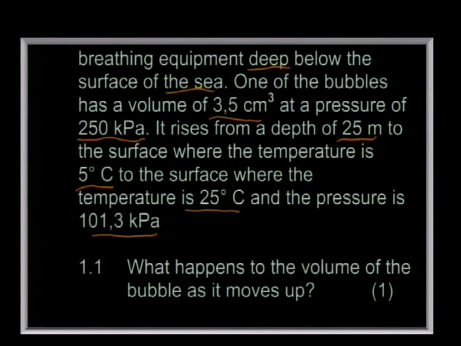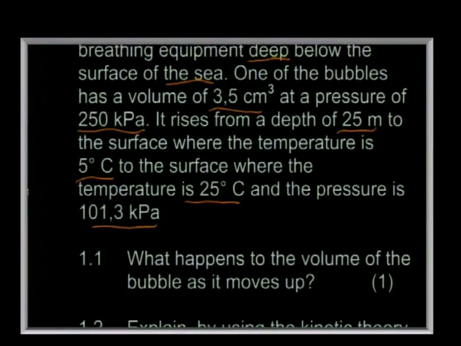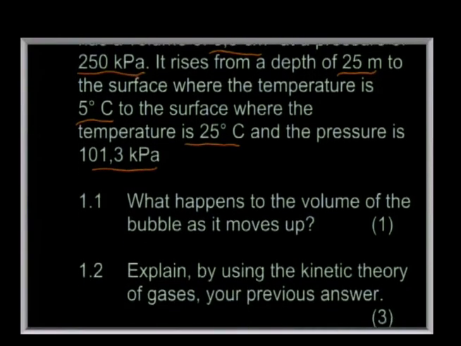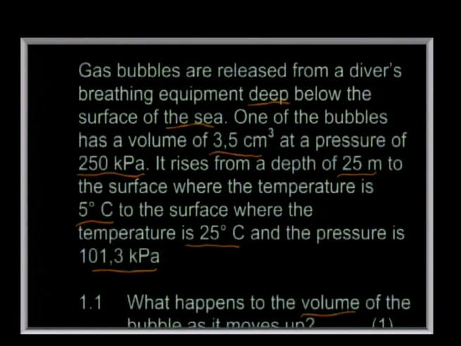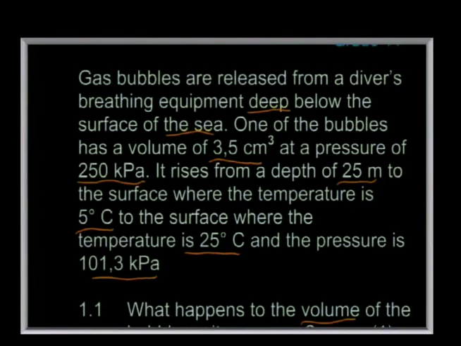So it looks like we're going to need to consider a whole lot of different variables in terms of doing this particular exercise. But let's read the questions before we jump to too many conclusions. What happens to the volume of the bubble as it moves up? Well, let's have a look here to get a sense of what's happening.